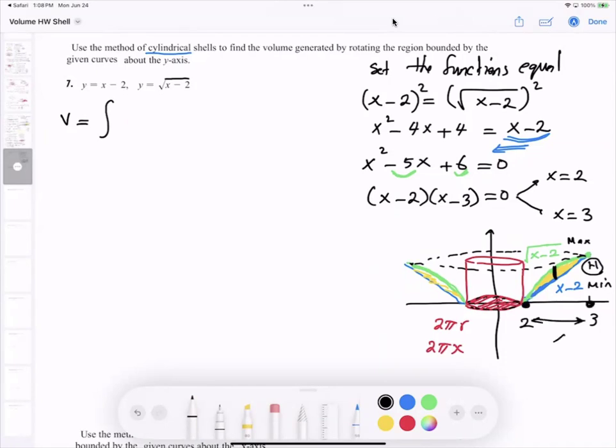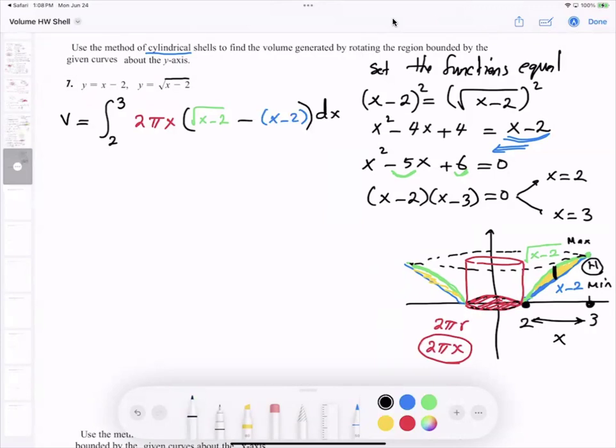So 2 to 3, and then the circumference of the base, which is 2 pi x, times the height. The height is the maximum y value, which is square root of x minus 2, minus the minimum y value, which is x minus 2. Make sure to put it in parentheses because you have a negative sign and you need to distribute this negative sign.